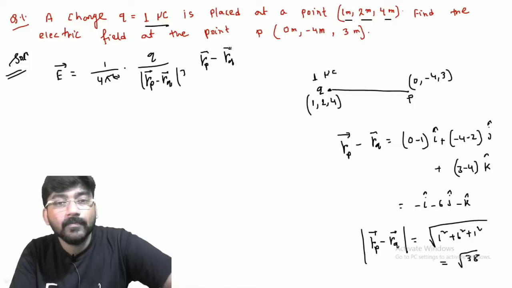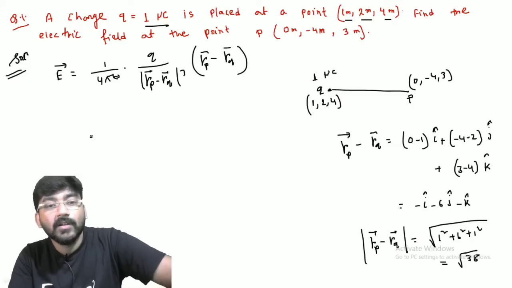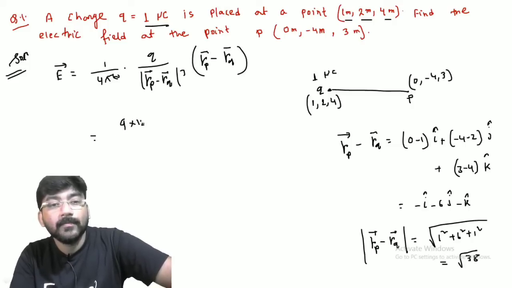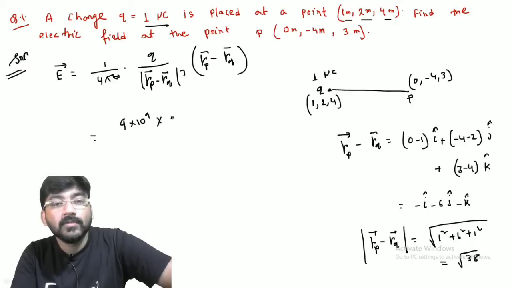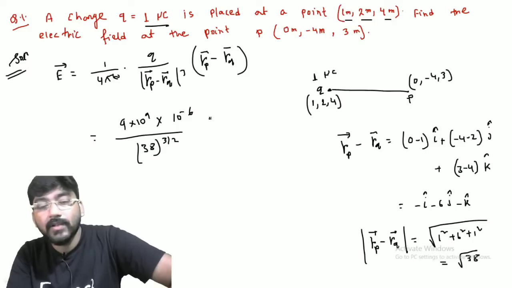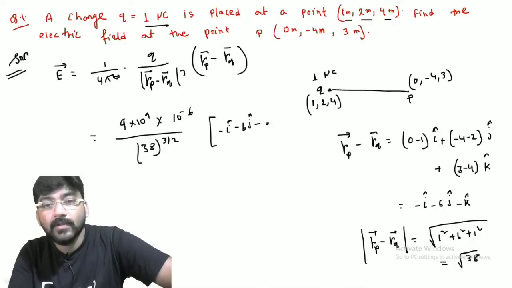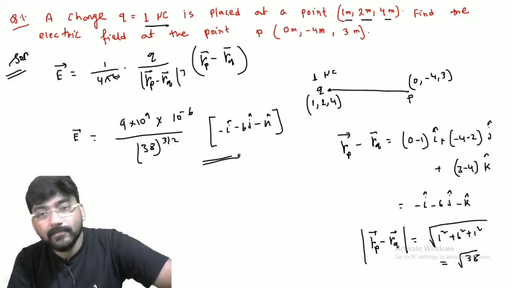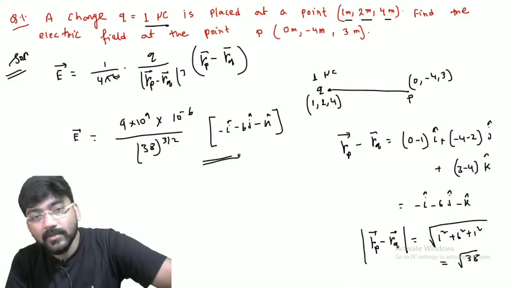So it will be 9 into 10 to the power 9, q is 10 to the power minus 6 coulomb, divided by 38 to the power 3 by 2, and this rp minus rq you can write as minus i cap minus 6 j cap minus k cap. So this is how you can solve problems using the position vector method.